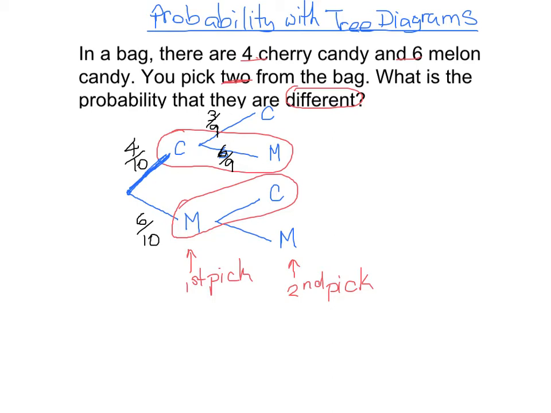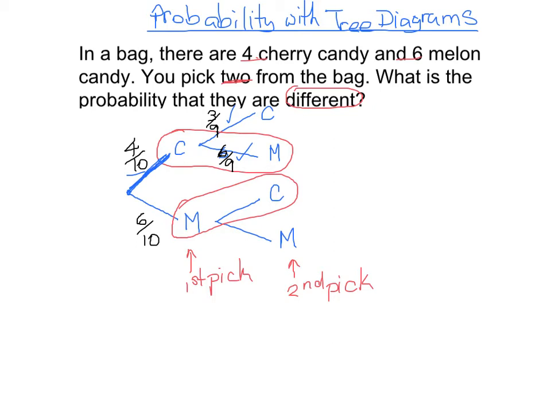A good way to check yourself is each set of branches. For example, 4/10 and 6/10 have to add up to a whole. And now over here, 3/9 and 6/9 add up to a whole. So we're good. Going down the other direction, let's say you first picked a melon.